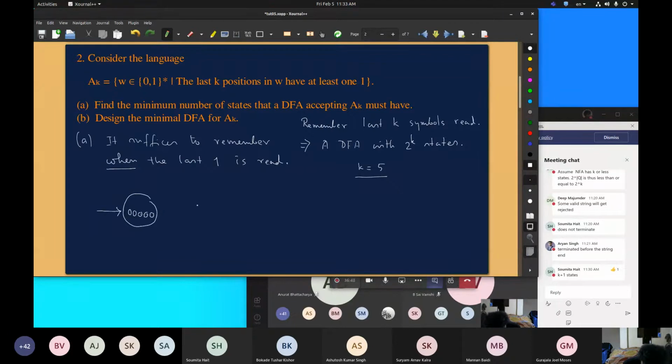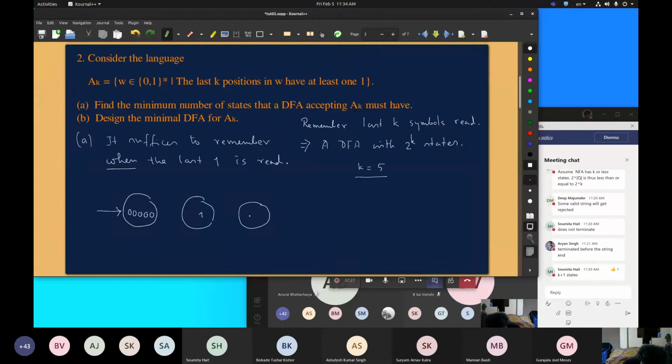Otherwise, it is also possible. Okay, so I will write 1. Just write it as 1, which means the last symbol read is 1.